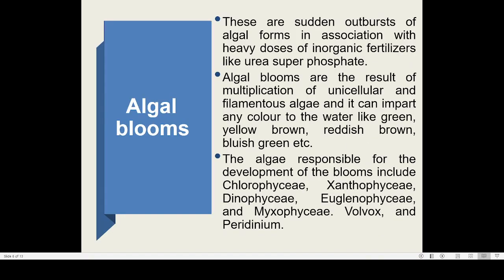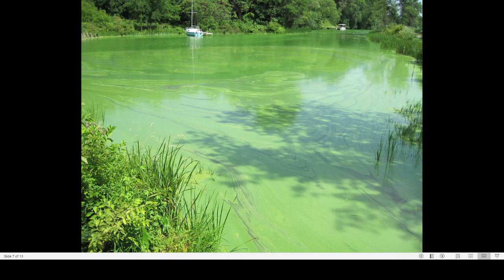Then one more point you can hear is what is called algal blooms. This situation is known as algal blooms, a large-scale multiplication of algae, and what happens here is an uncontrolled multiplication. Normally, after the formation of this algal bloom, the algae will take most of the oxygen in the pond.